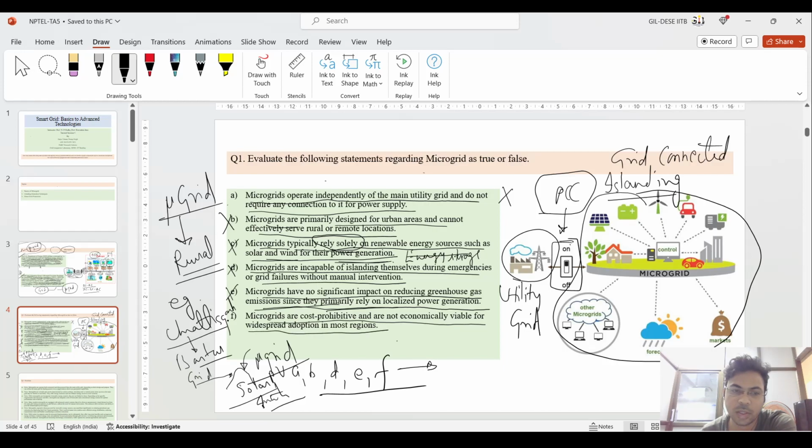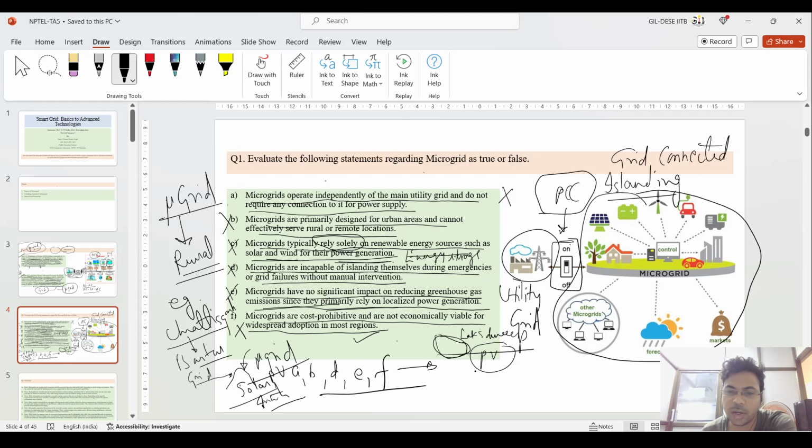Coming to F part, microgrids are cost prohibitive and not economically viable for widespread adoption in most areas. That is also false. It is cost effective at some locations. Take the example of Lakshadweep. Lakshadweep is far away from mainland India.